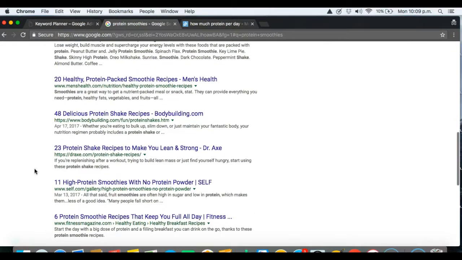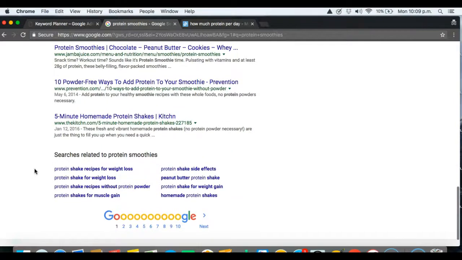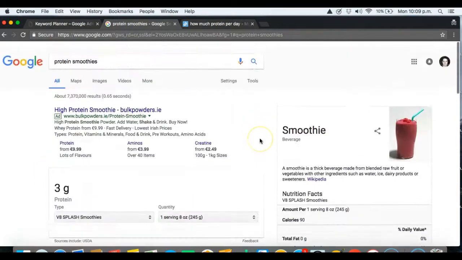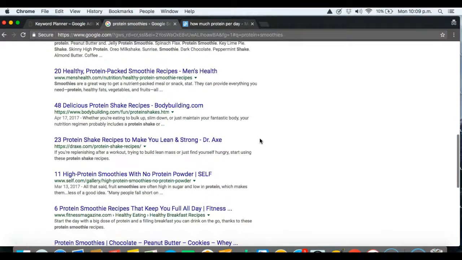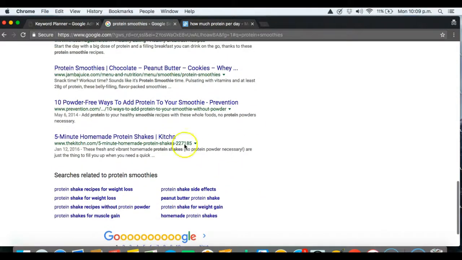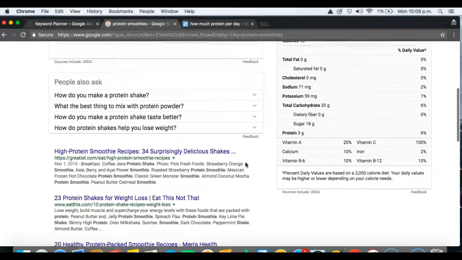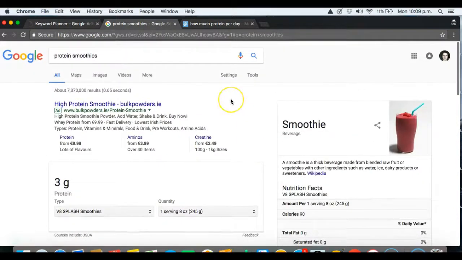You're going to get a lot of high competition queries here in this sector, but again, you're just looking for, this is a medium competition keyword, so it's a good place to start. And you've got your related keywords here as well. But it's just going to give you some ideas on what type of content you could produce, what type of angle you can take with your website, what type of pages.